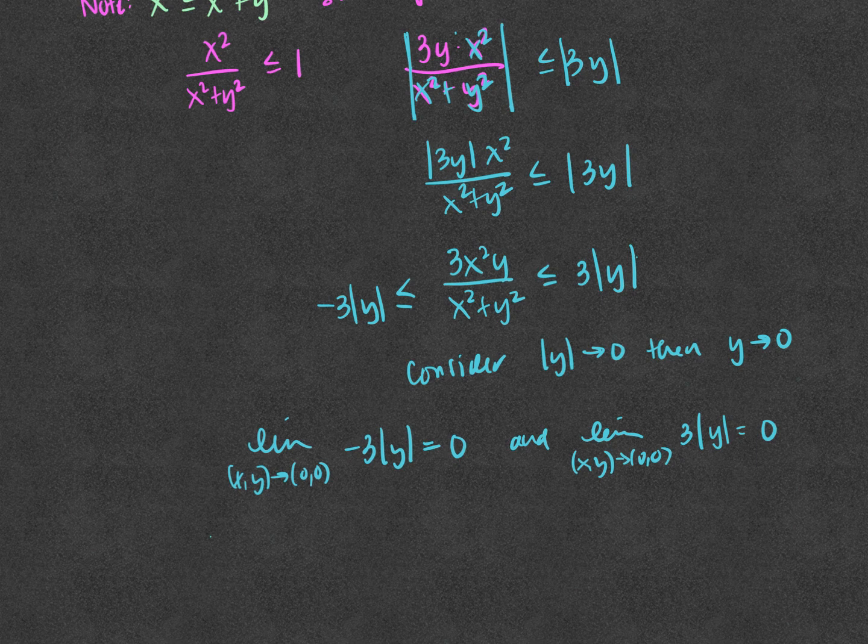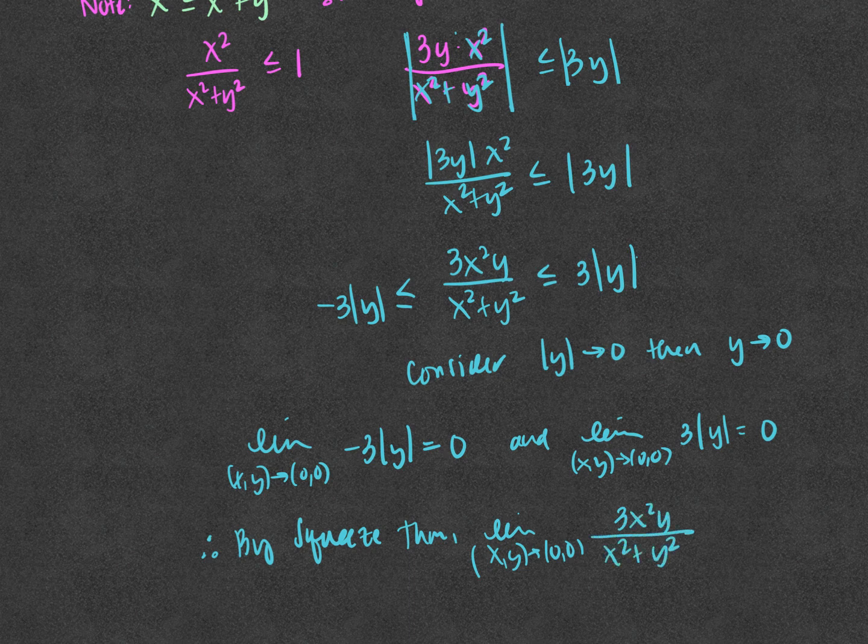So by the squeeze theorem, the limit as (x,y) approaches (0,0) of our original function, 3x squared y over x squared plus y squared, has to equal 0 as well. Remember that if the limit of f of x equals the limit of h of x, and it's the same value, then since g is in between them, it has the same value. So hopefully the squeeze theorem makes sense.